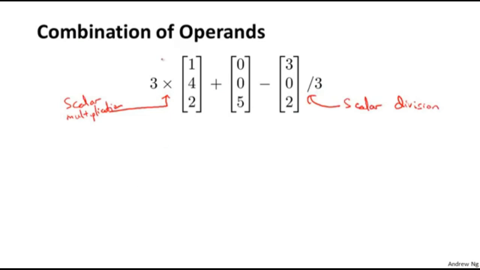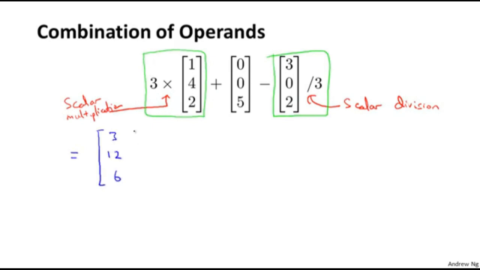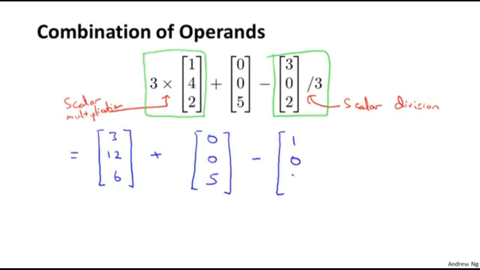And so if we evaluate these two operations first, then this thing is equal to 3 times that vector, which is 3, 12, 6, plus my vector in the middle, which is 0, 0, 5, minus 1, 0, 2/3.